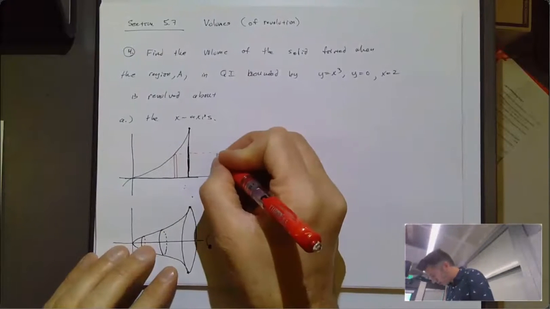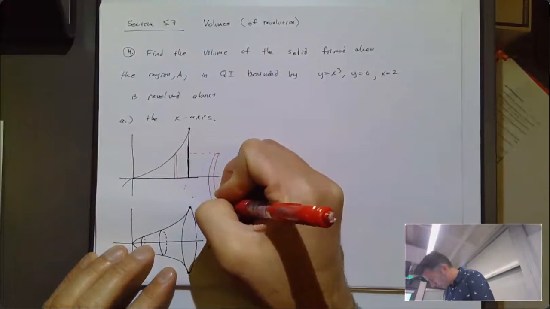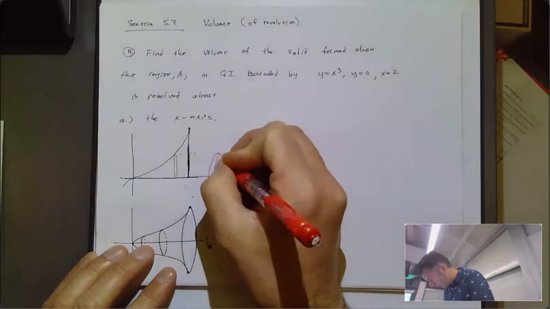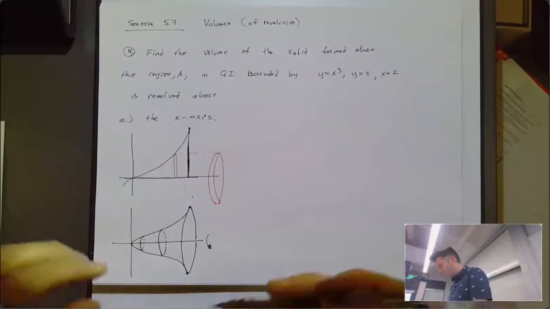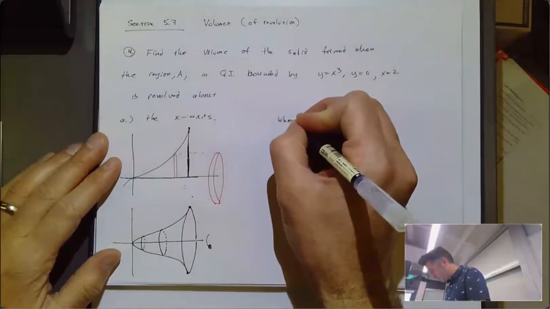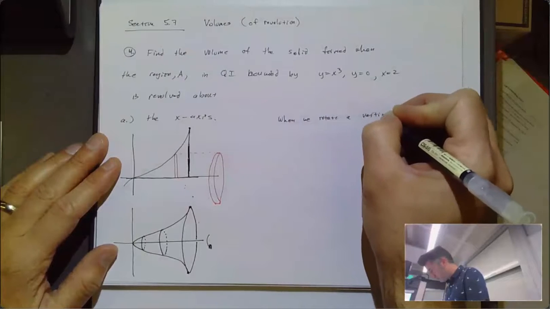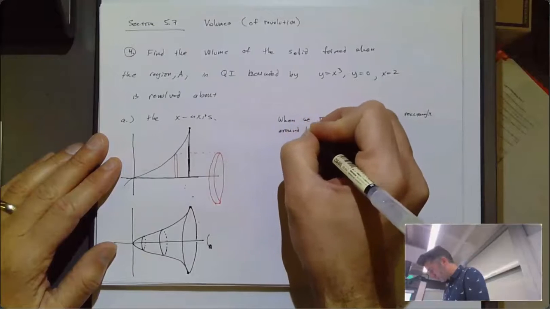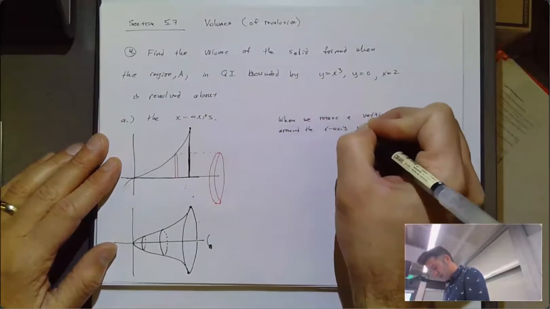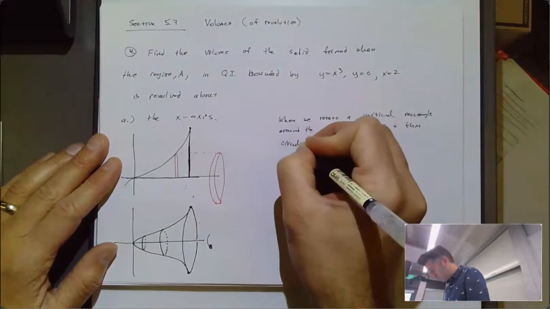So this little rectangle has some small thickness to it and it's going to give me this disc shape when I rotate it around the x-axis. And we can find the volume of that disk. So I should write these words. When we rotate a vertical rectangle around the x-axis, we get a thin circular disk.